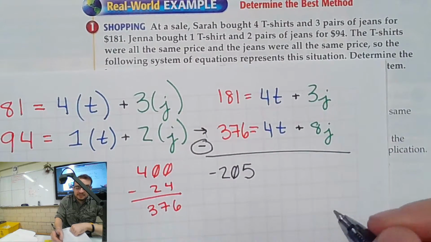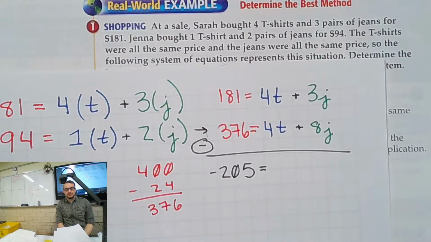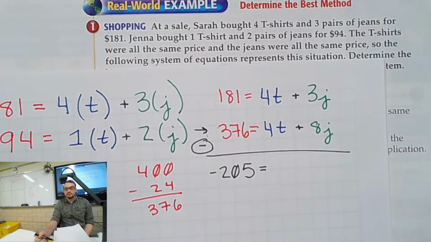Does that work? What's 100 minus 300? Why do you disagree?